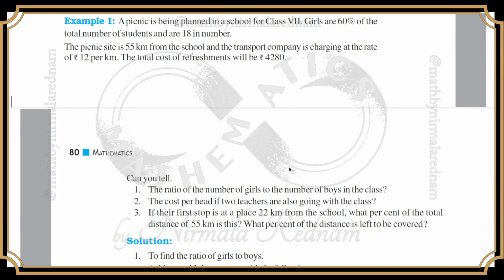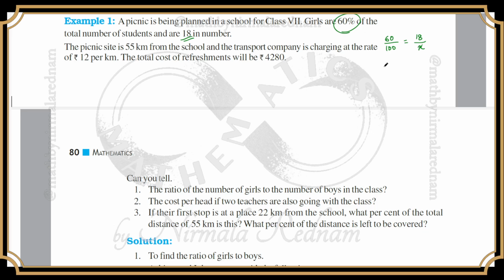A picnic is being planned in a school, right? And they're saying 60% of them are girls, and that 60% happens to be 18. So from this, as we discussed the percentages yesterday, 60 out of 100 is the same as the actual number, which is given as 18. So 18 out of what is the total?